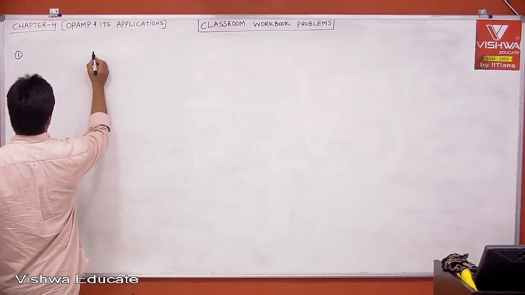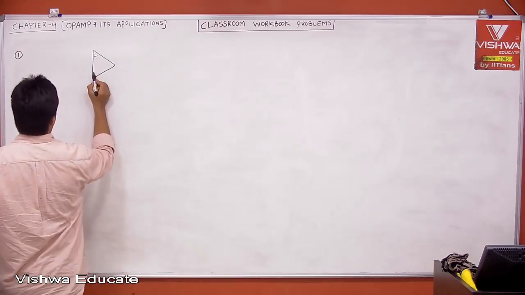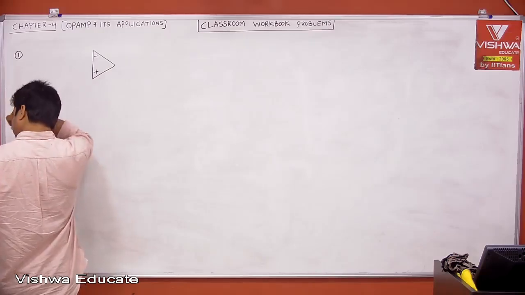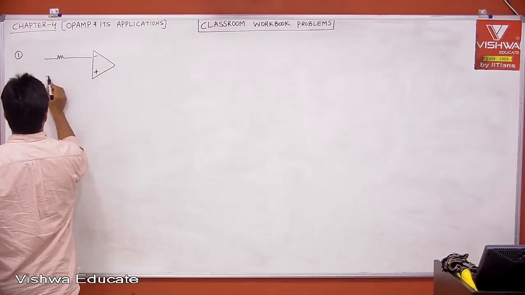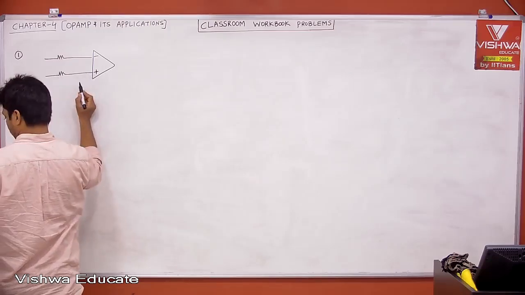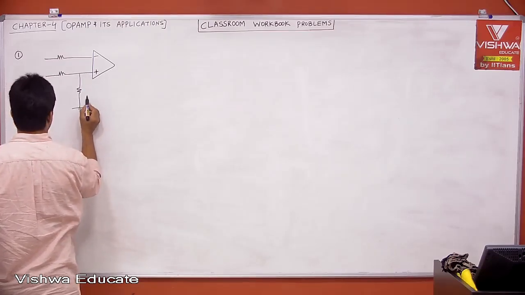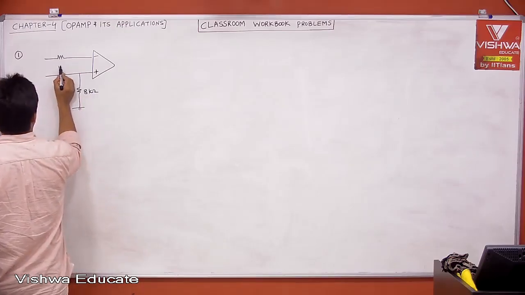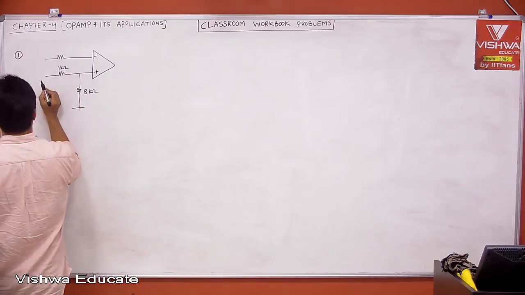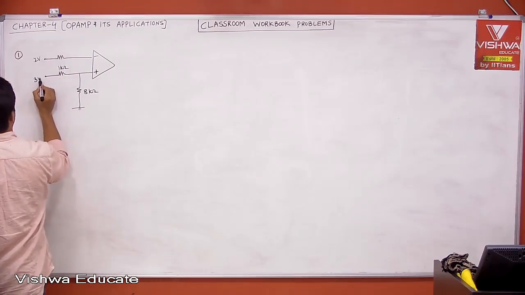Circuit is: this is 8 kilo ohm, 1 kilo ohm, this is 2 volt, 3 volt.